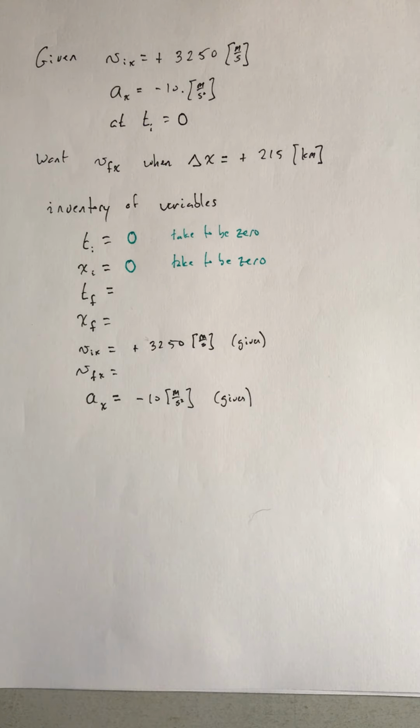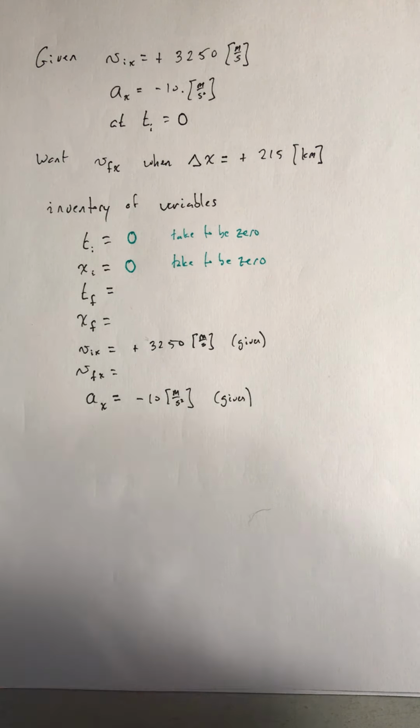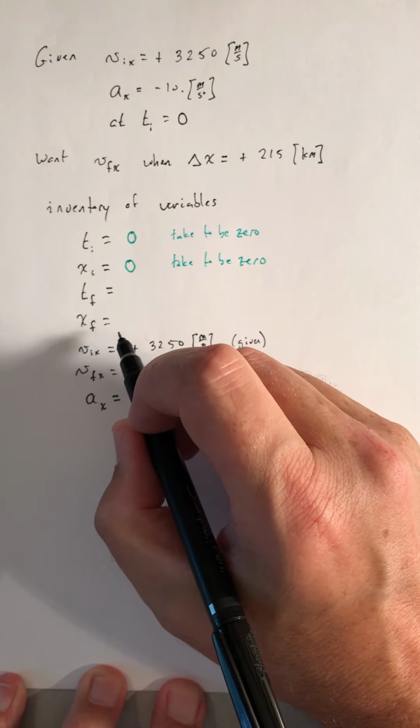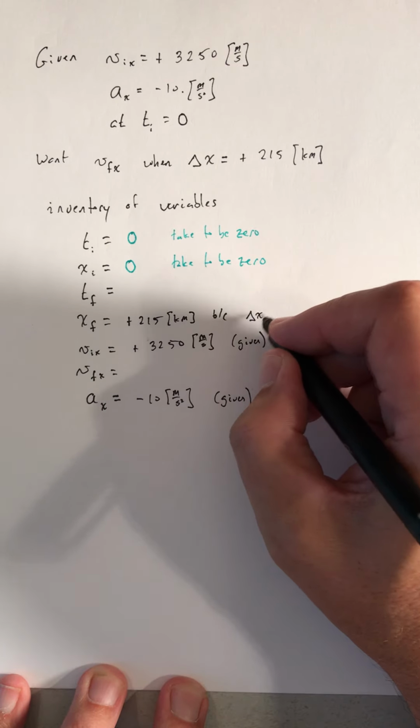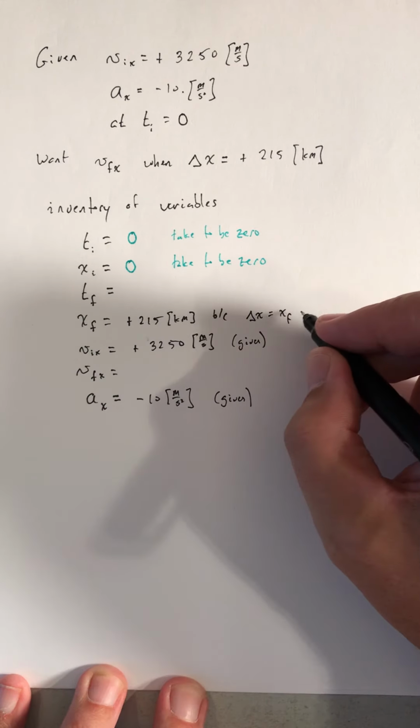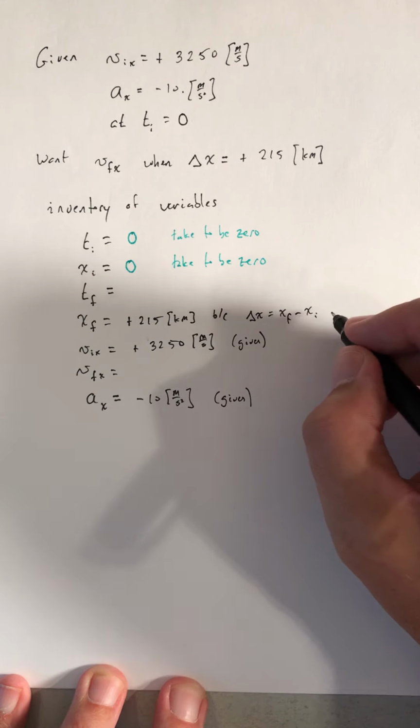All right, so we are given information on what the displacement is. If I pick x initial to be 0, that tells me that x final is plus 215 kilometers. And that's true because delta x, which is x final minus x initial, was given to be 215 kilometers.